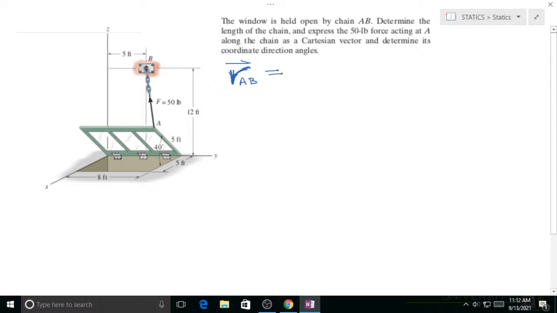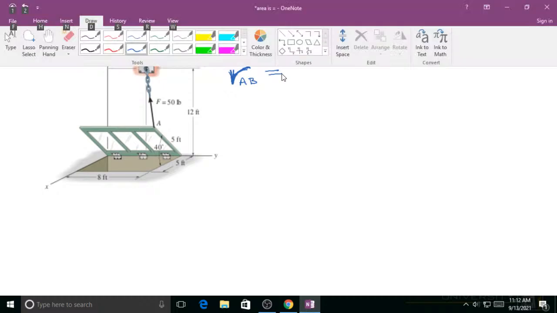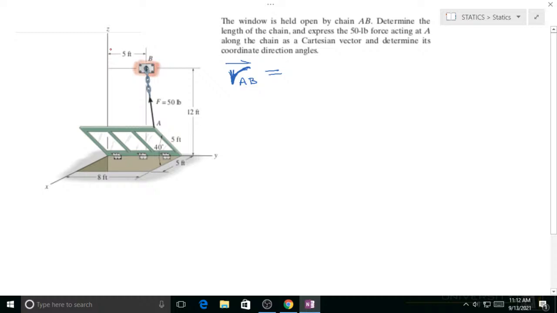So I got an issue here. He has made it particularly obnoxious for me to find some information here. So what I'm going to do is try to find this vector, r sub a.